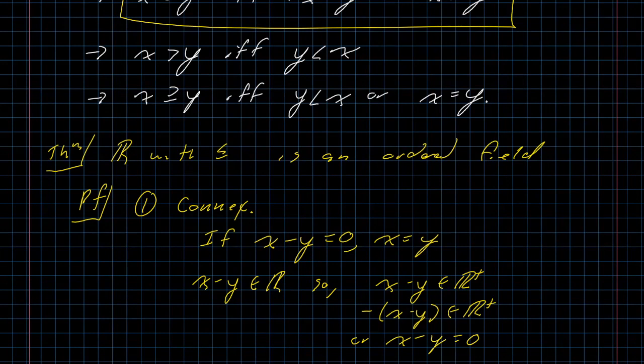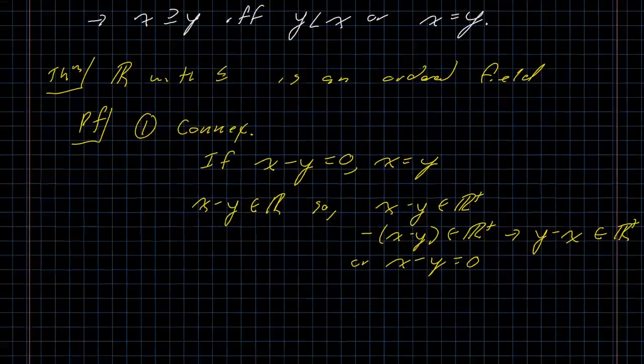And if x and y are any real numbers, then x minus y must be a real number. And from the definition of the positive real numbers, either x minus y is positive, the opposite of x minus y is positive, which means that y minus x is positive, or x minus y is 0.